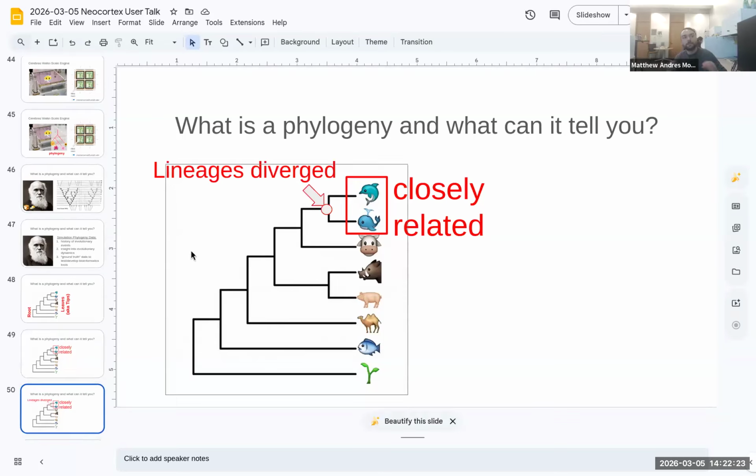You can think of this like the point at which these two lineages converge back in time on the phylogeny gives you the point in time when the two lineages diverged. And in this case, these species began developing independently along separate lineages.